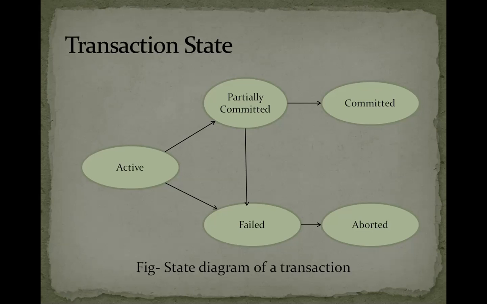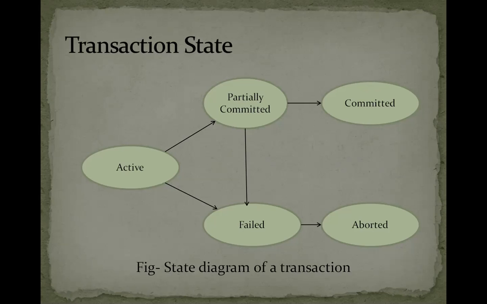Suppose a transaction has added rupees 20 in your account and you want to abort it. So you require a compensating transaction which will subtract 20 rupees from your account. But it is not always possible to create such a compensating transaction. That is why once the transaction has been committed, it cannot be undone.